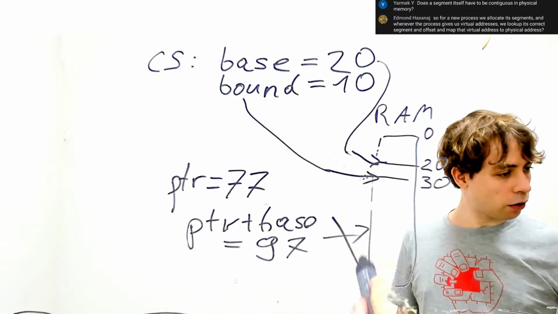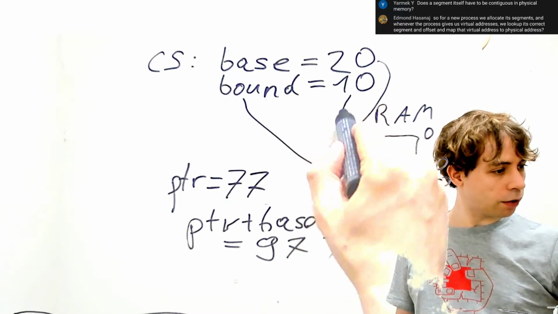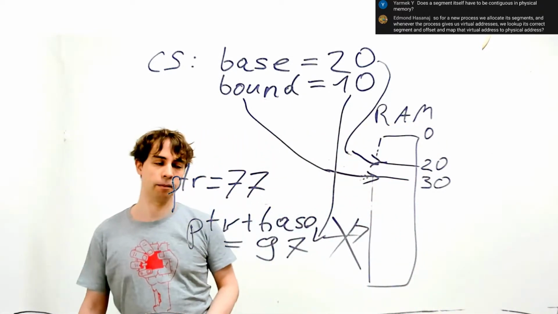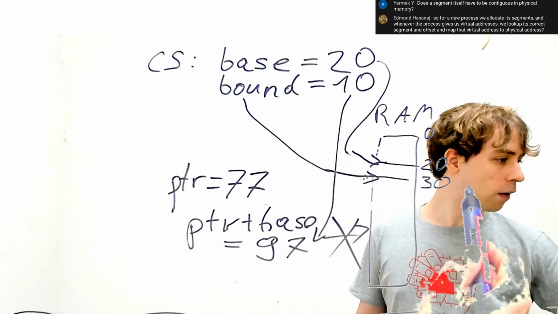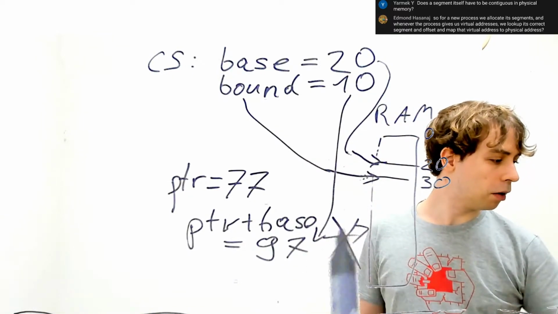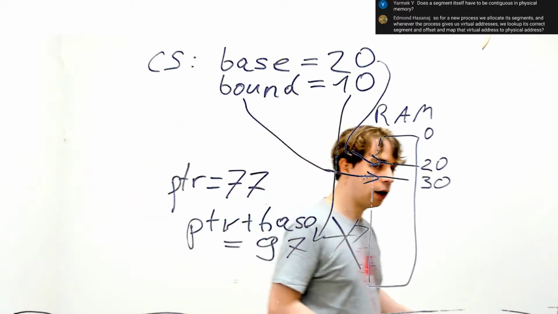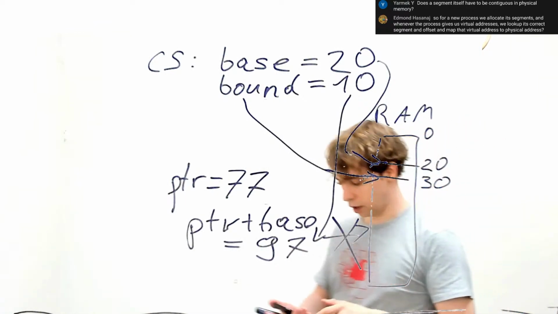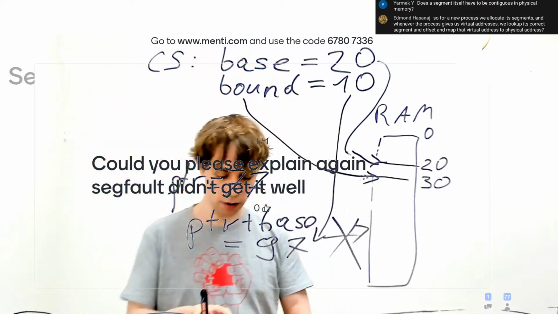And this is not allowed, because this clearly exceeds the bound. The effective bound would be 30. 30 is the upper limit. This is too large. Okay, I hope this answers the question. If not, you can always ask another question.